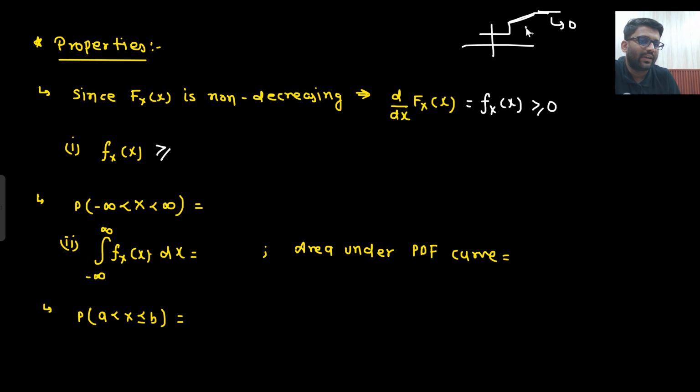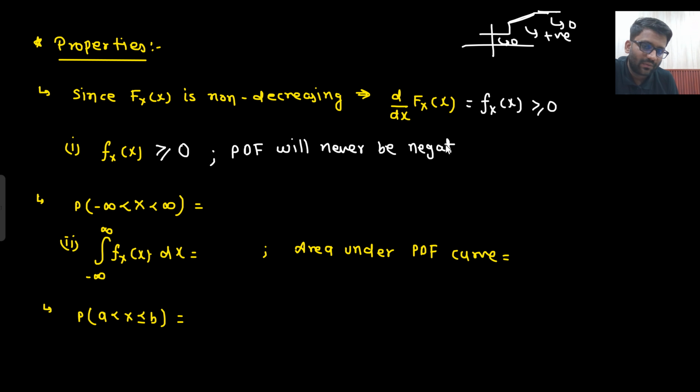So here the slope is 0, here the slope is positive, here the slope is 0. So slope will either be 0 or it will be positive. So your PDF will never be negative. It can be 0 or it can be positive.